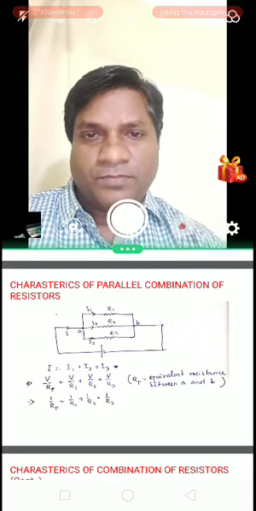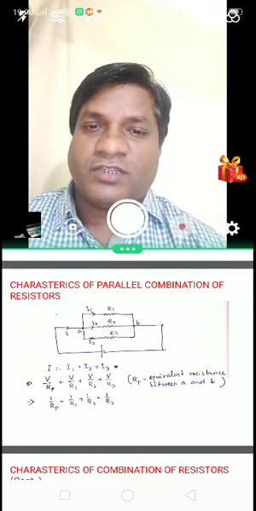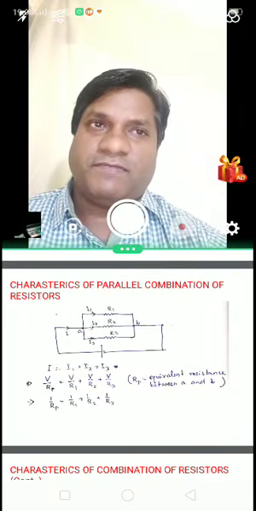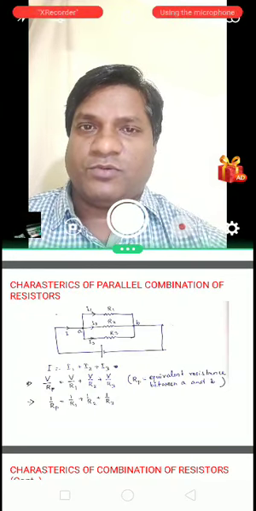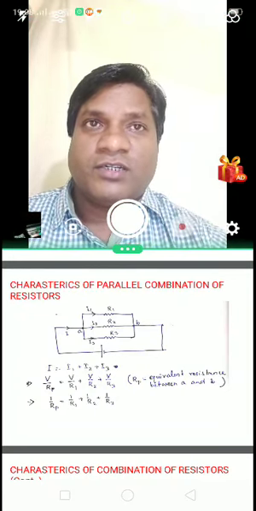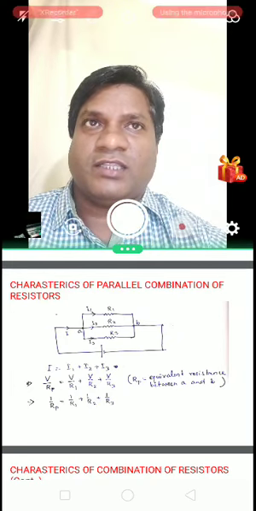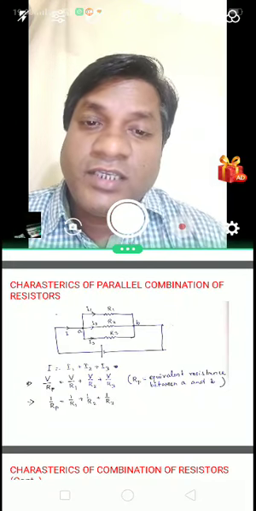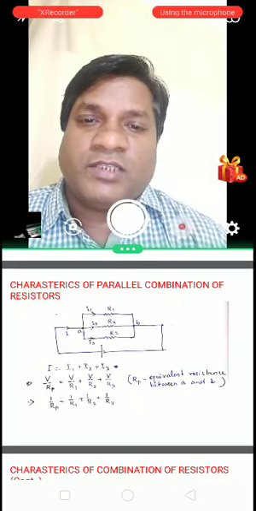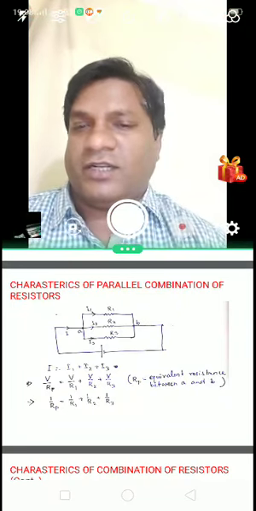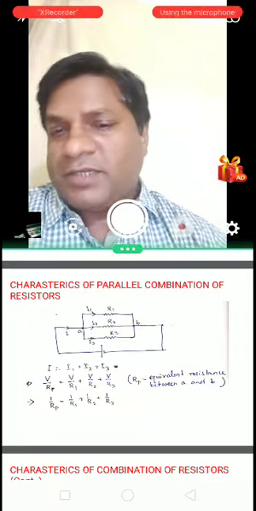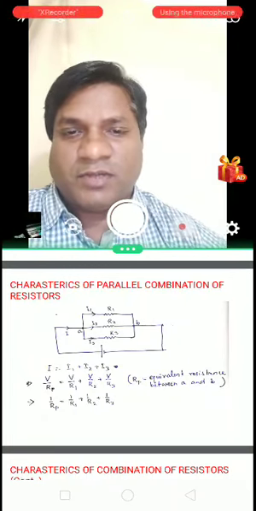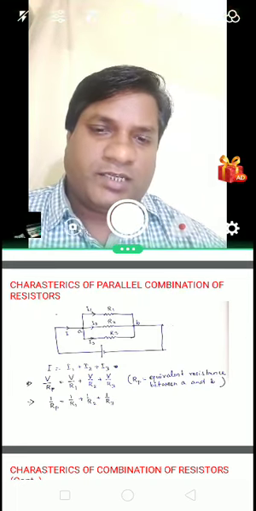Because the potential difference across each of these three resistors, which is equal to VA minus VB, is also equal to the potential difference provided by the cell. That means the terminal potential difference of the cell. So potential difference across each resistor is equal to the total potential difference provided by the cell. So taking V common and cancelling out, we get 1 by Rp is equal to 1 by R1 plus 1 by R2 plus 1 by R3.